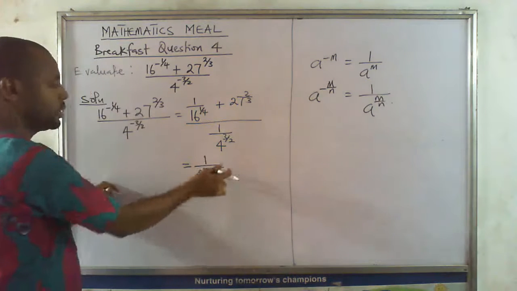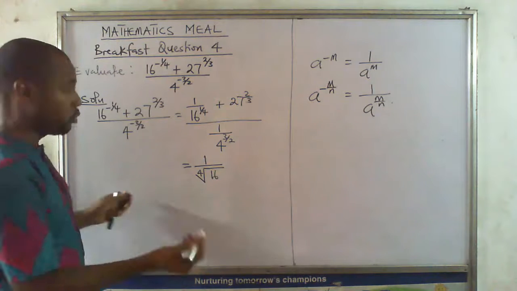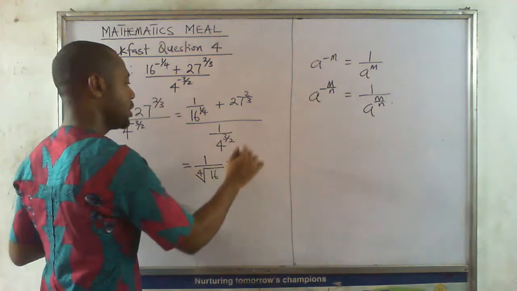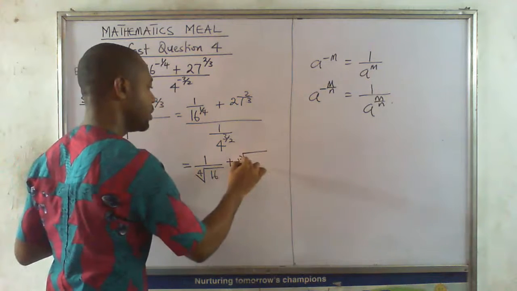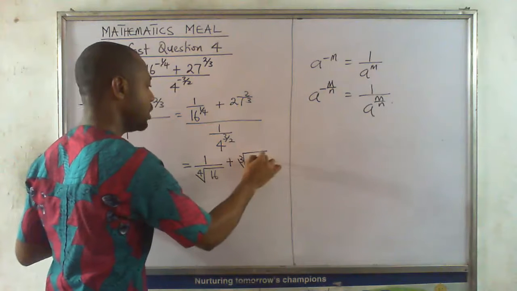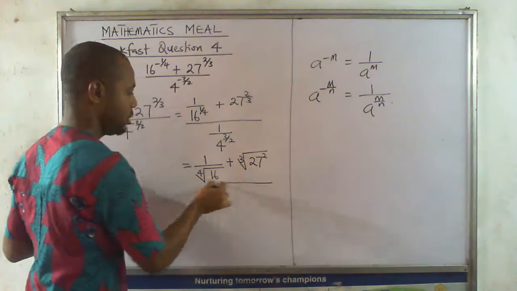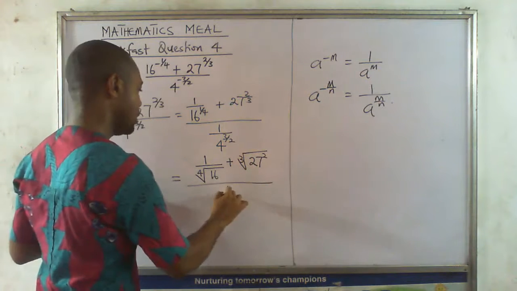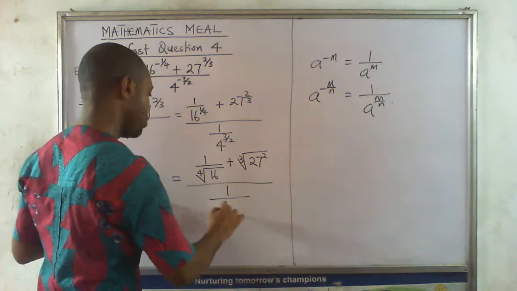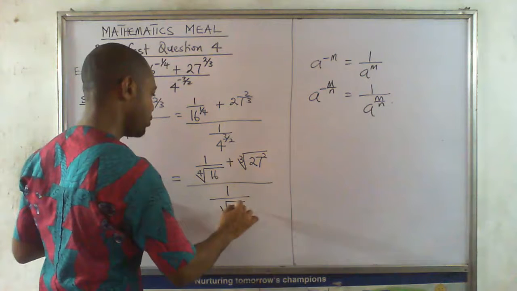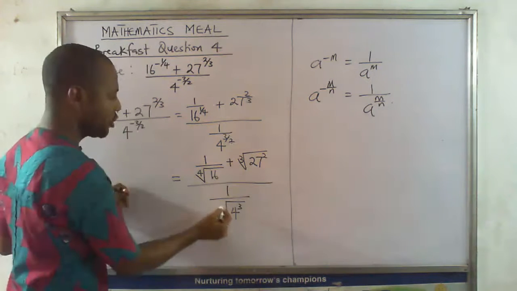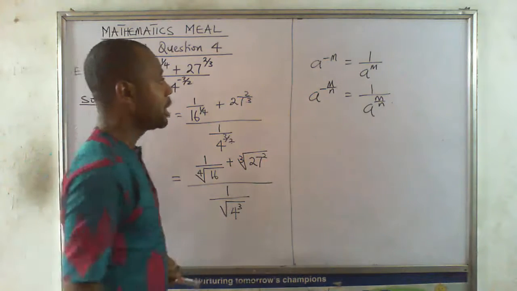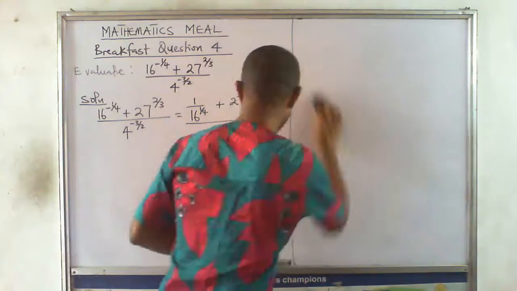But 16 raised to power 1 is still 16. So this is the power, this is the root. Plus the cube root of 27 raised to power 2, divided by 1 over the square root of 4 raised to power 3. This is the root function, that's the square root, while this is the power. You watch the video and then you will know more about these rules.